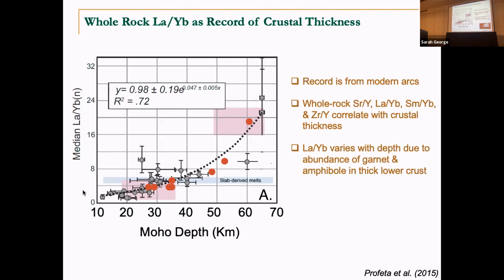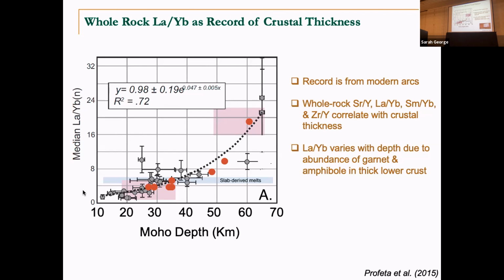In thin crust, where we don't have garnet and amphibole, those heavy rare earths are going to be available for take-up. We're also going to be crystallizing other mineral phases that actually like rare earth elements a lot better. That kind of makes sense? So we can use ratios between heavy rare earth elements and light rare earth elements to say something about crustal thickness.